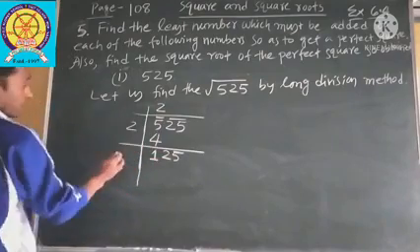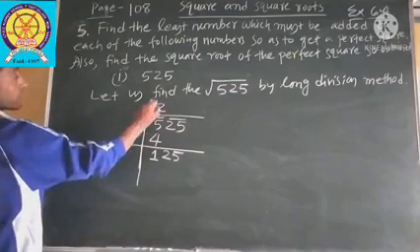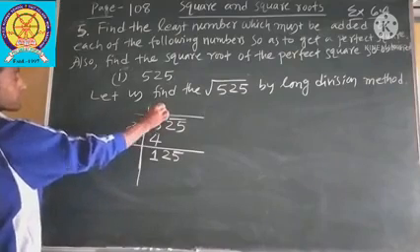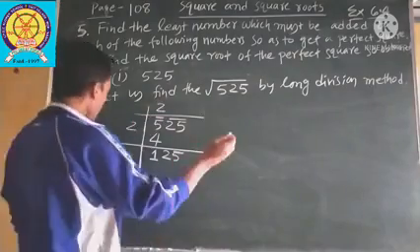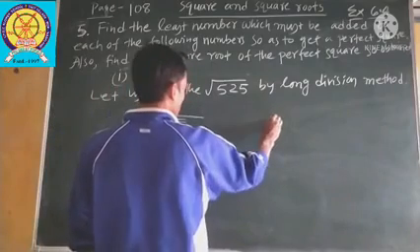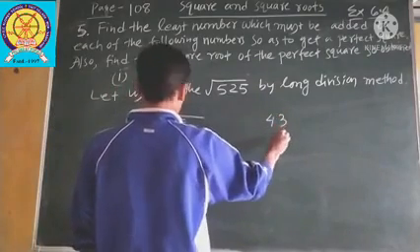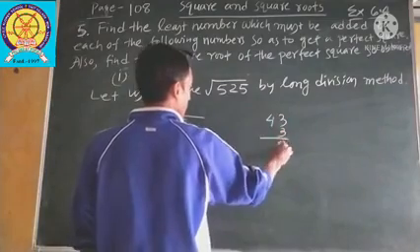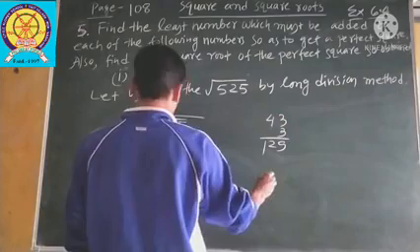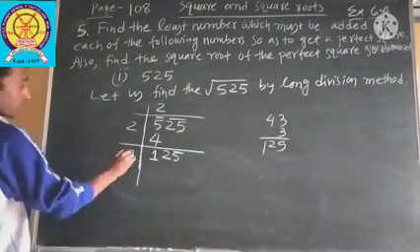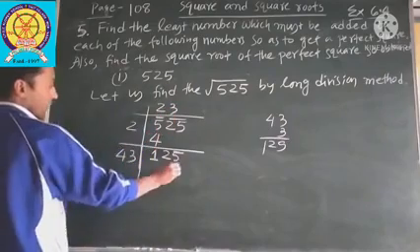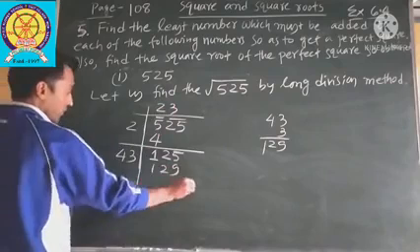To get the second divisor, you make double this first quotient. 2 2s are how much? 4. Now how many times can you give? You see, 4 3s, 3 3s are 9, 3 4s are 12. Yes, we can give 3 times. 3 3s are 9, 3 4s are 12.